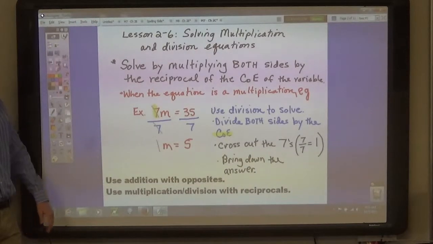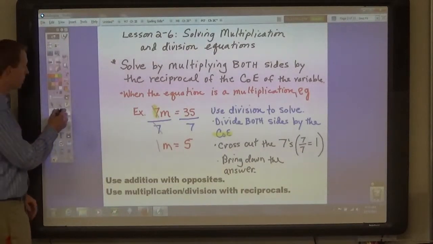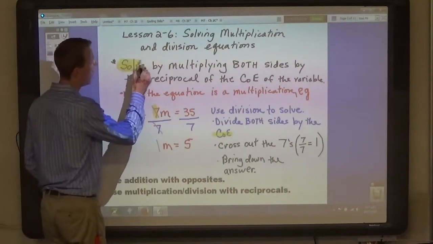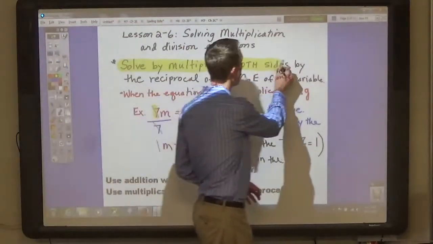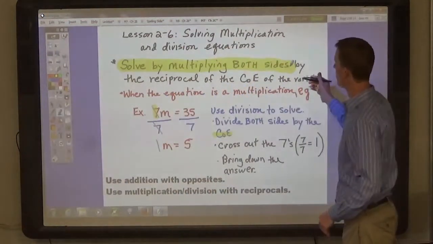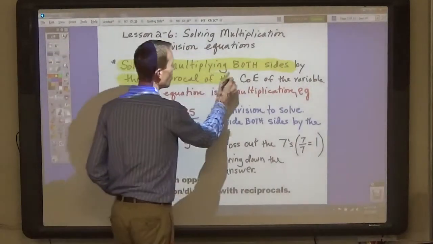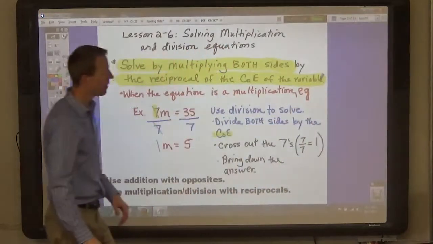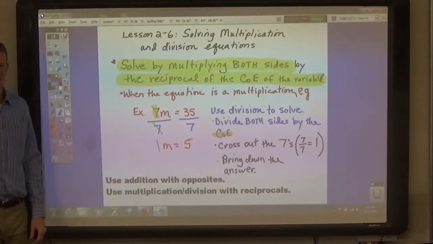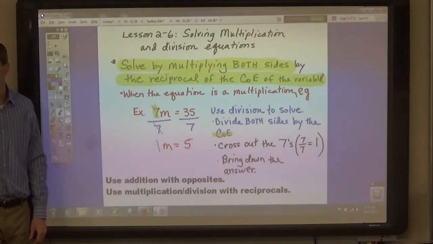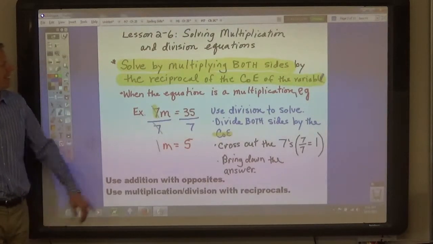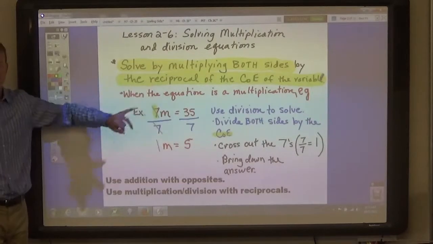And here's the step that we're going to use. We're going to solve by multiplying both sides by the reciprocal of the coefficient of the variable.